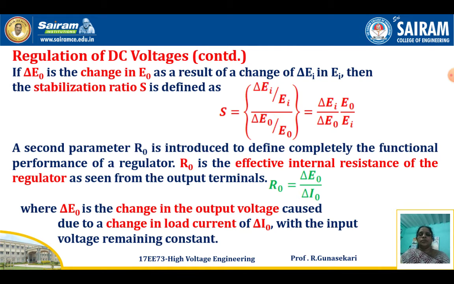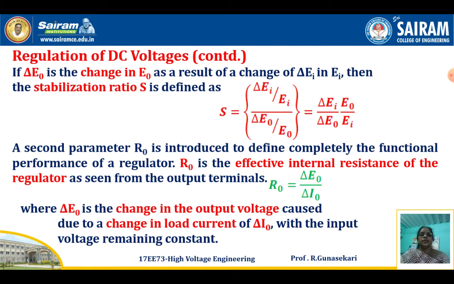Then the stabilization ratio S is equal to del EI divided by EI in the numerator, and del E0 divided by E0 in the denominator. Finally S equals del EI divided by del E0, into E0 divided by EI.